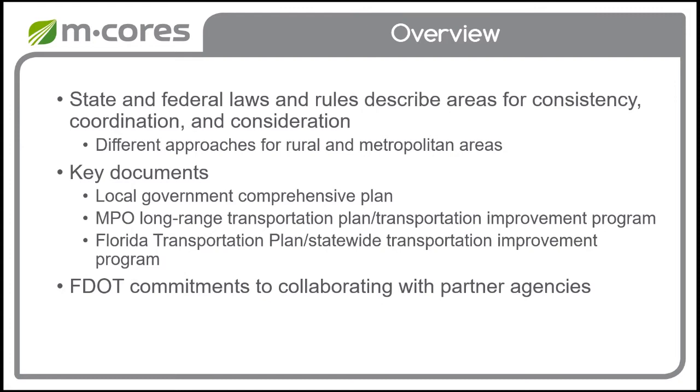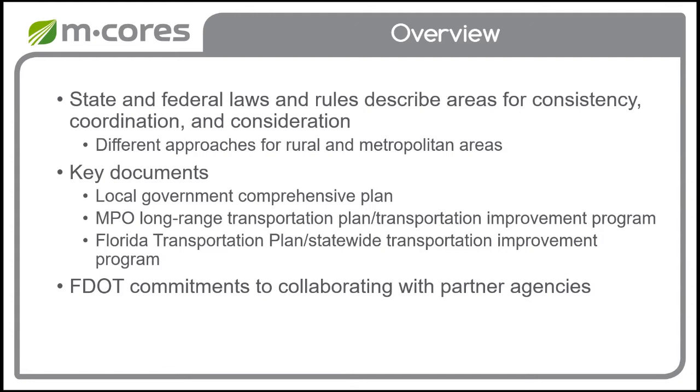There are many existing state, regional, and local plans related to transportation and land use. Some of them are required, some of them are optional. These state and federal laws and rules describe areas for consistency, coordination, and other considerations. Basically, the processes are iterative, and there are different processes for rural and metropolitan counties.